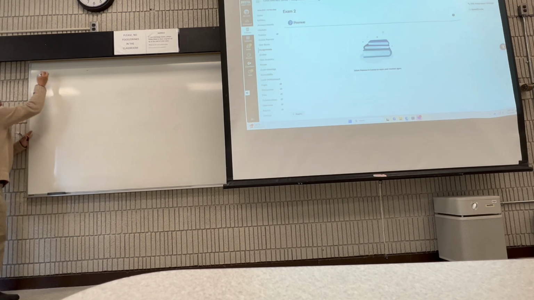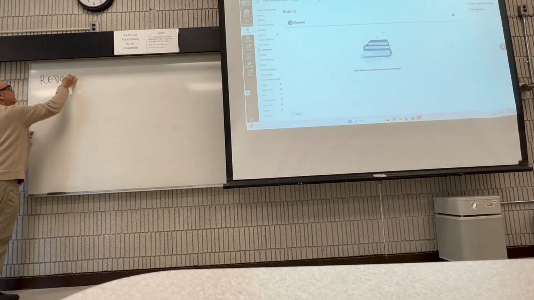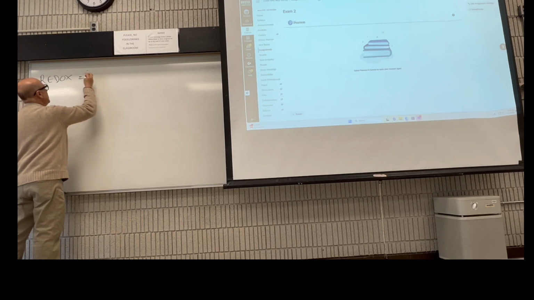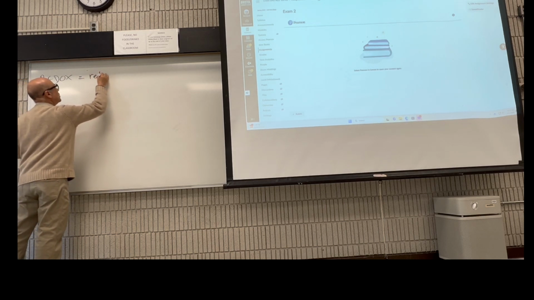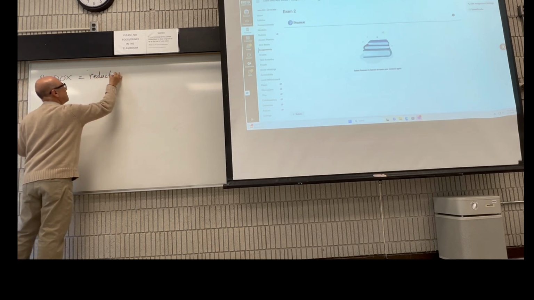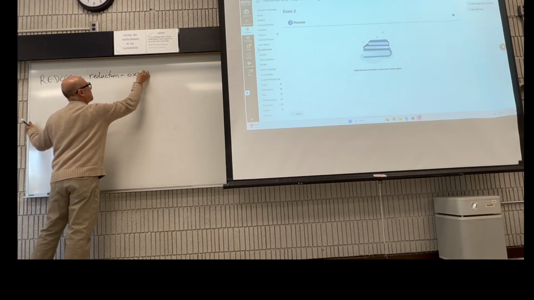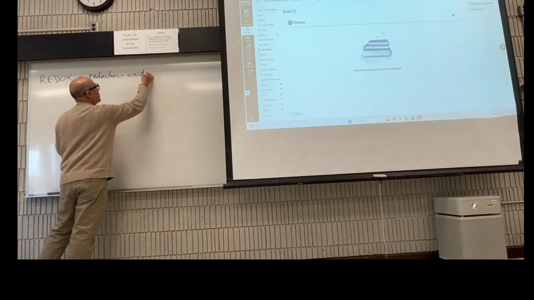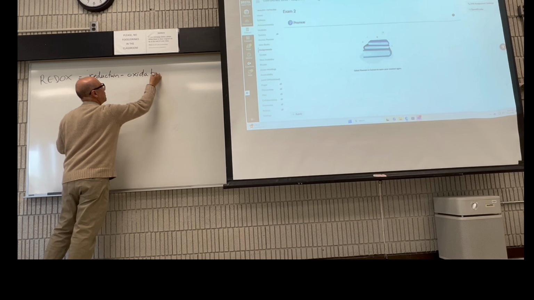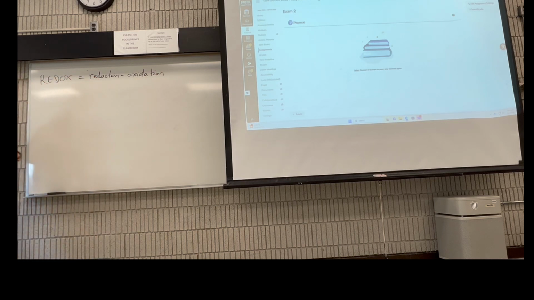Okay? So redox means reduction oxidation or oxidation reduction. And it depends on the area of chemistry that you're studying.